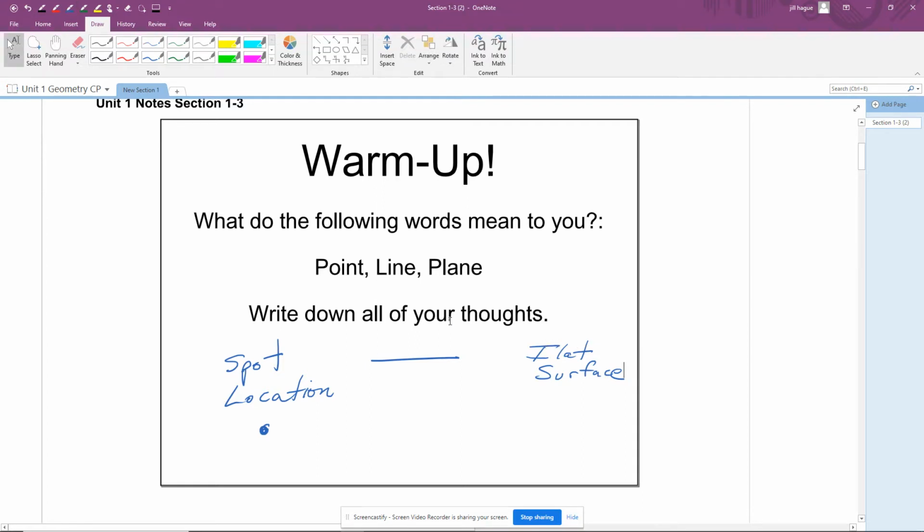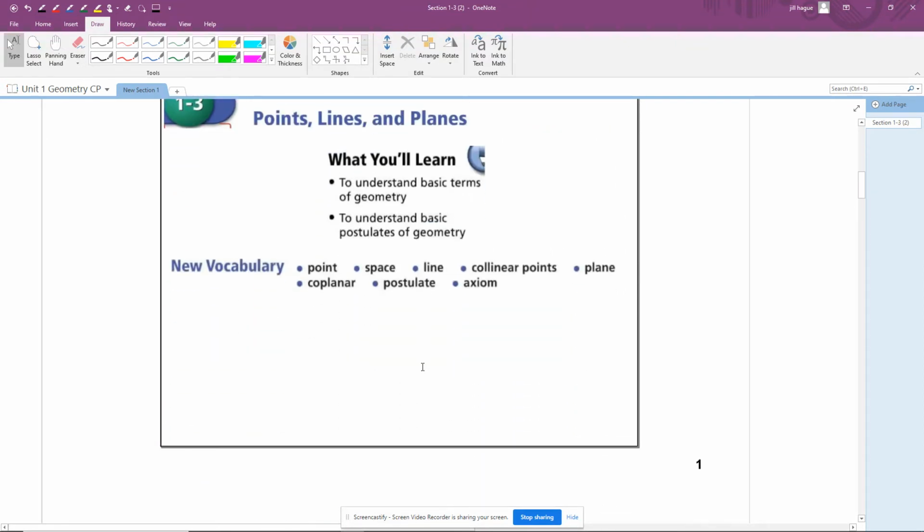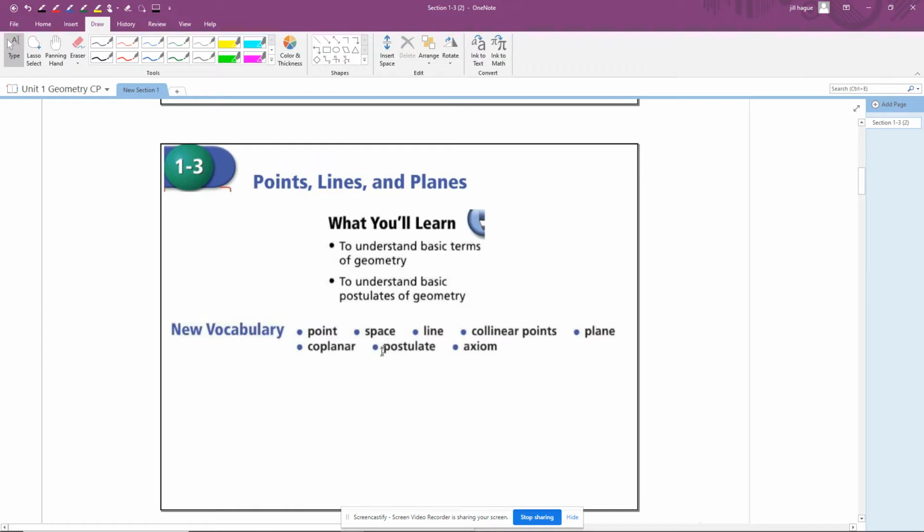That gets our minds thinking about what we're talking about, and now we have to look at how we would actually write these things in geometry, because we don't want to write them as what I've drawn up here. So in order to write them, we have to know some vocabulary.